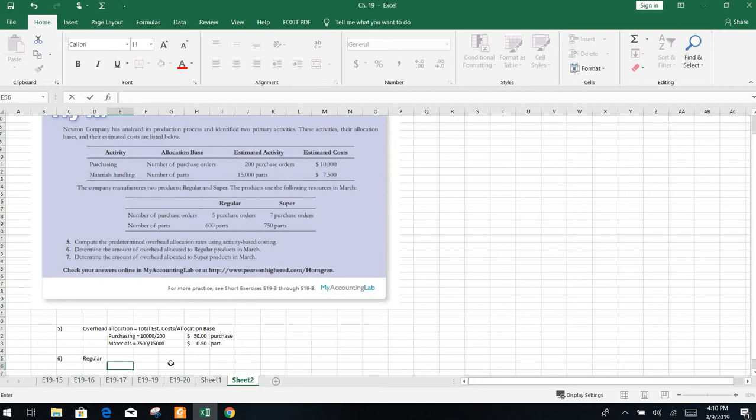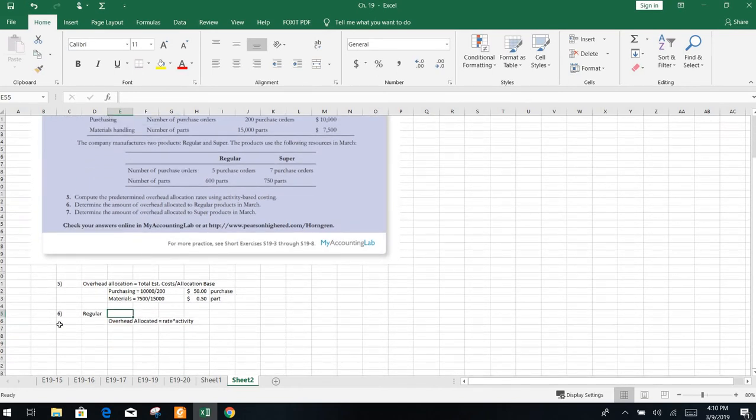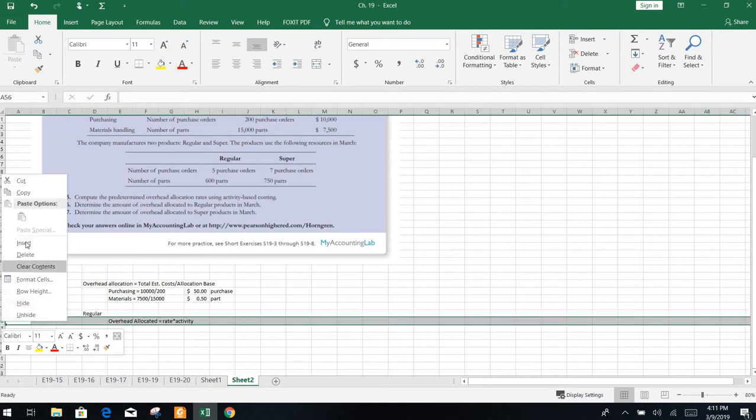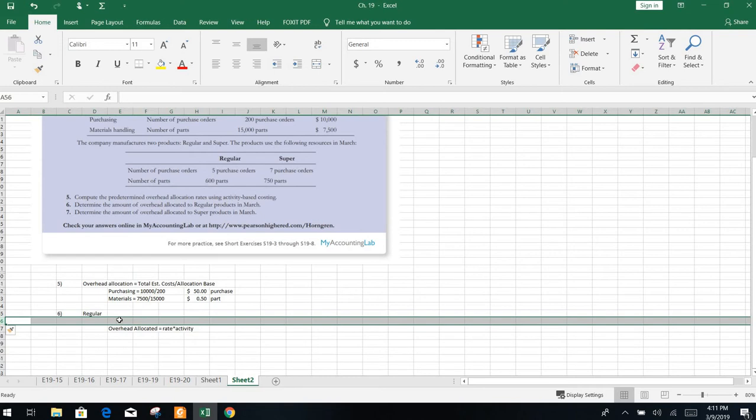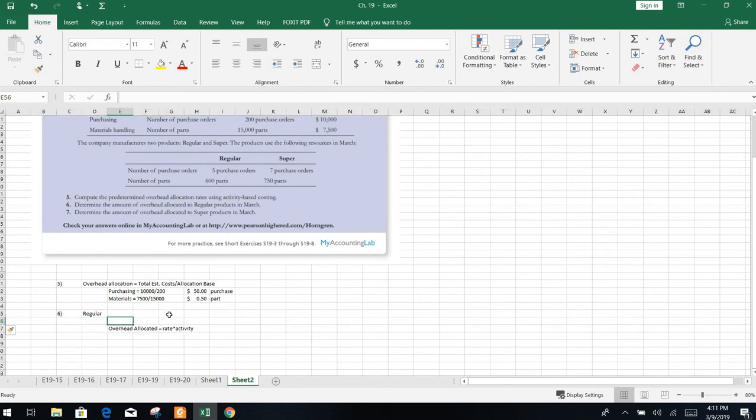The overhead allocated is equal to the rate times the activity, and we're going to have two of those, so let me insert a line here to make it clear. So this is going to be for the purchase orders.